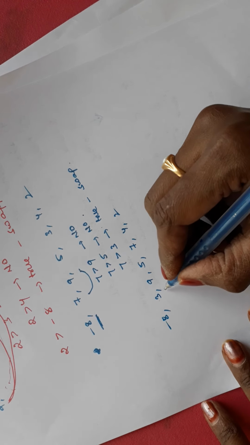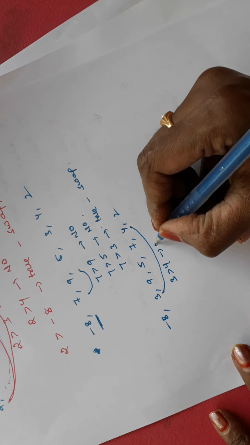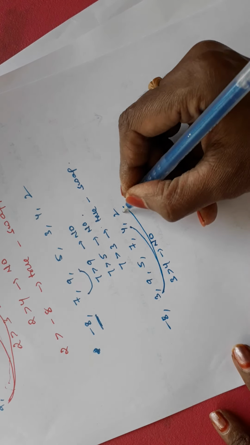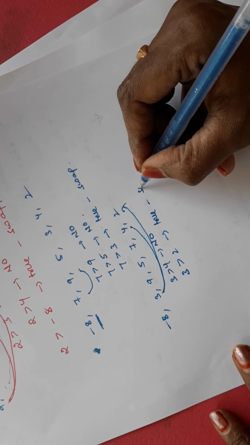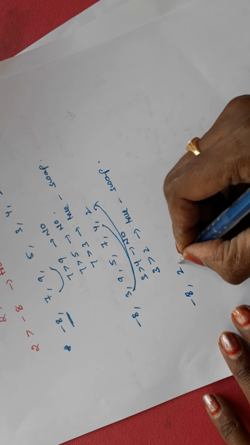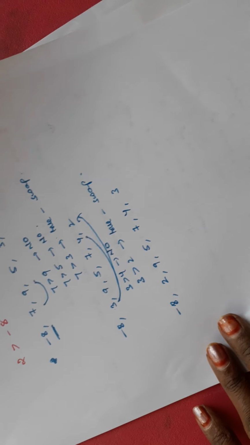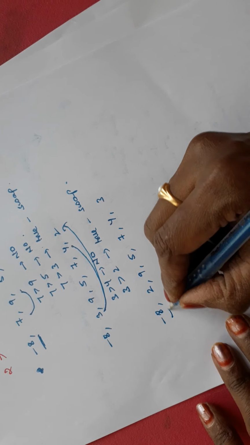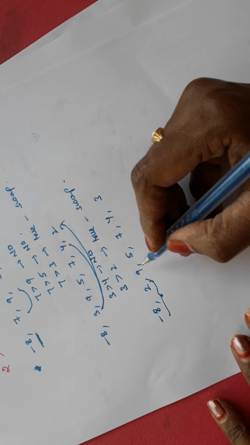Now compare 3 with 4. Is it true? No. Now compare 3 with 2. Is it true? Yes, so swap. Now the array becomes minus 8, 2, 9, 5, 7, 4, 3. Now the first two positions hold values in their safe places.